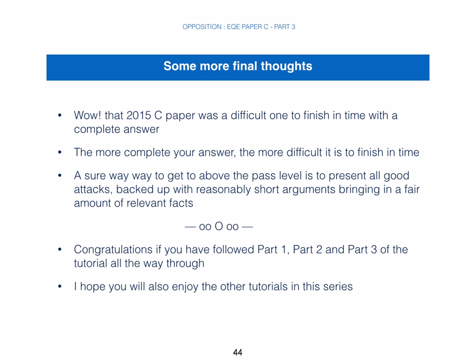A fairly sure way to get above the pass level for paper C is to present all good attacks backed up with reasonably short arguments, bringing in a fair amount of relevant facts. I don't mean that your attacks should be totally mediocre, but say medium quality attacks, and you shouldn't try to get perfect attacks, perfect arguments against each attack.